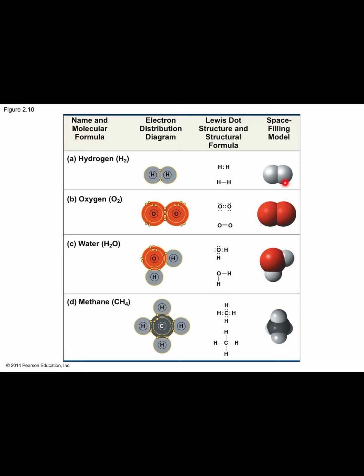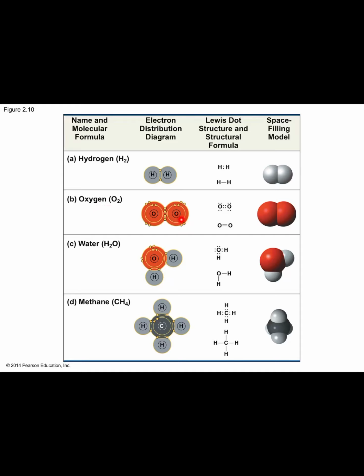This is called the space-filling model. It shows you 3-dimensionally what it would look like if you could actually see it. These are all useful in their own right in various aspects of understanding chemical structure. But what we typically see in biology is either the electron distribution diagram showing you where the electrons are, the structural formula, or the space-filling model.